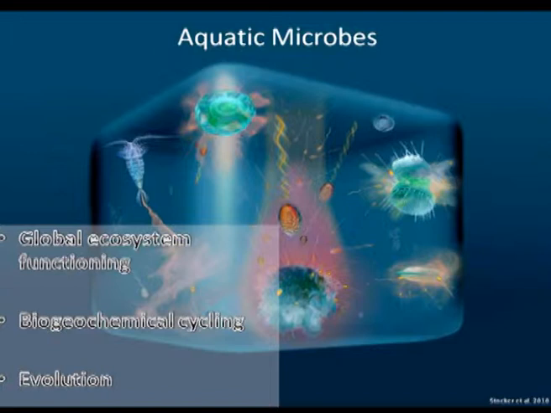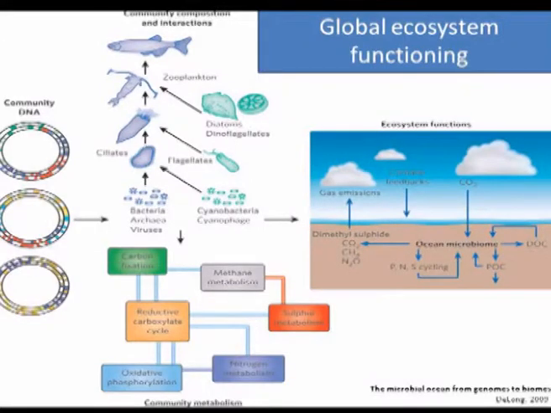and as well for evolution. This is a very nice slide where I try to integrate these concepts. I'm not going to go into detail on all that, but let's say that microbes have very important roles at the base of the food chain. They are probably primary producers, and they are the base of all these food chains.